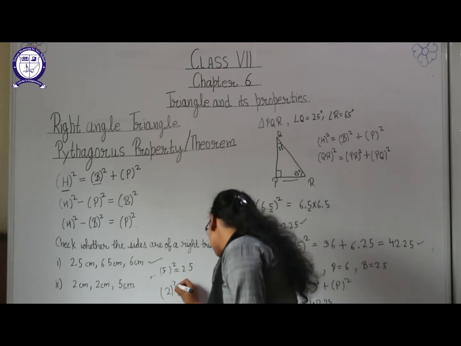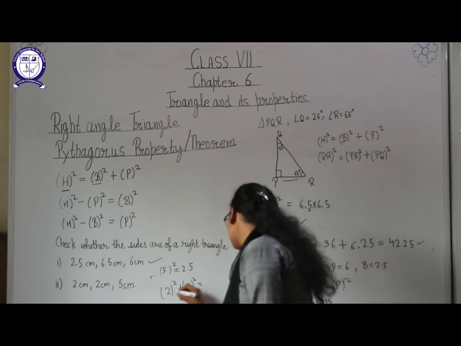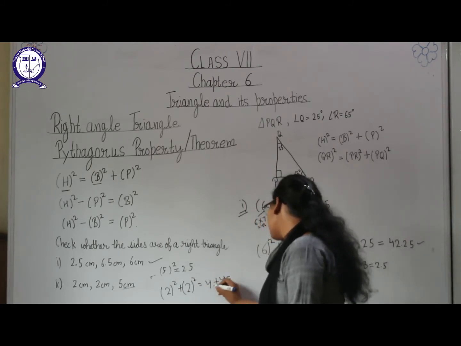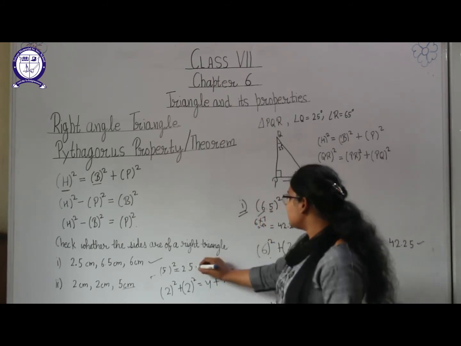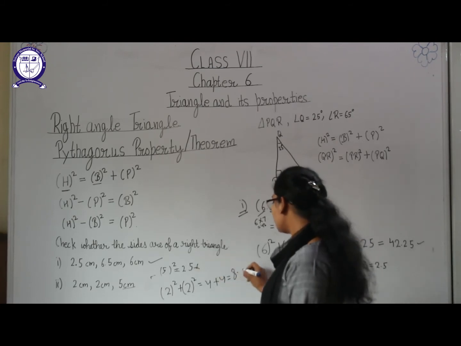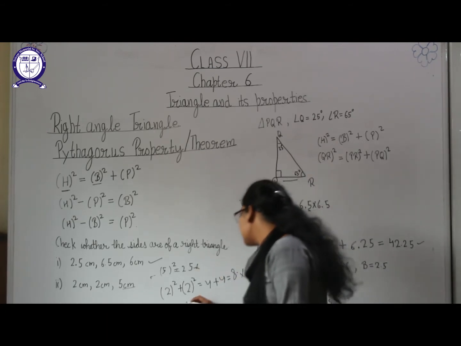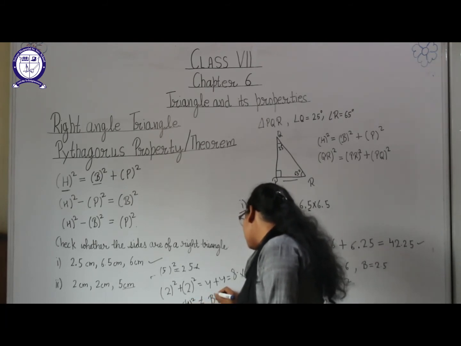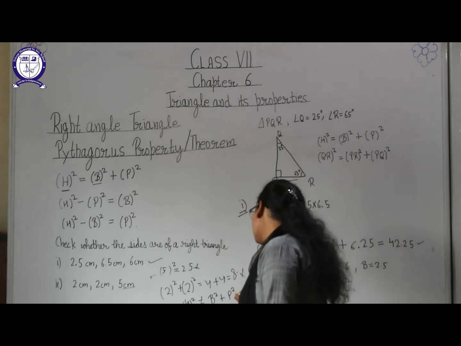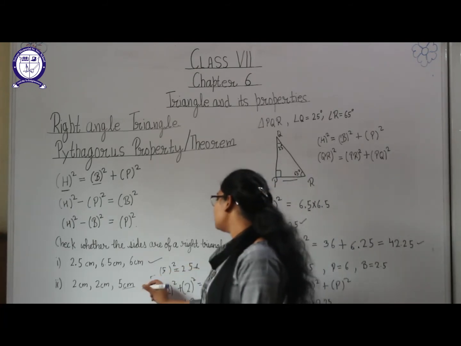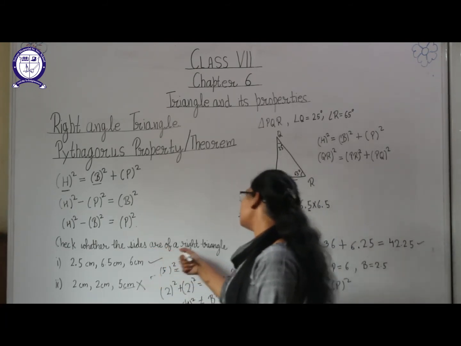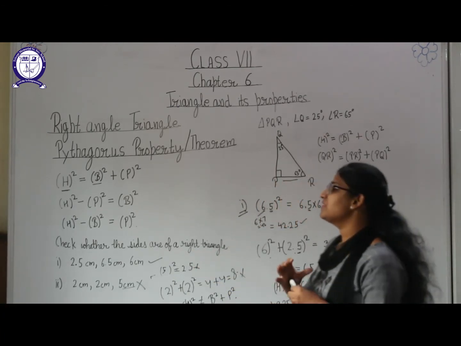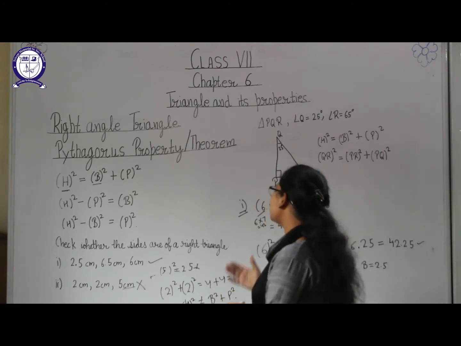We have to square them and add them. The square of 2 is 4, and again the square of 2 is 4. 4 plus 4 is 8. Are we getting these two the same? No, these two are not the same. It means hypotenuse square is not equal to base square plus perpendicular square, so these are not the sides of a right triangle. So students, by this you can check whether the given three sides are the sides of a right triangle or not.